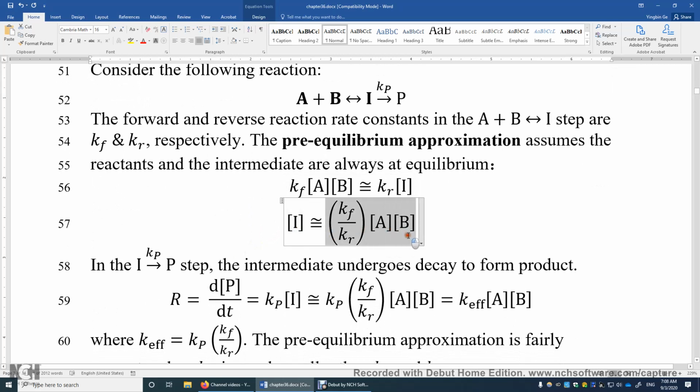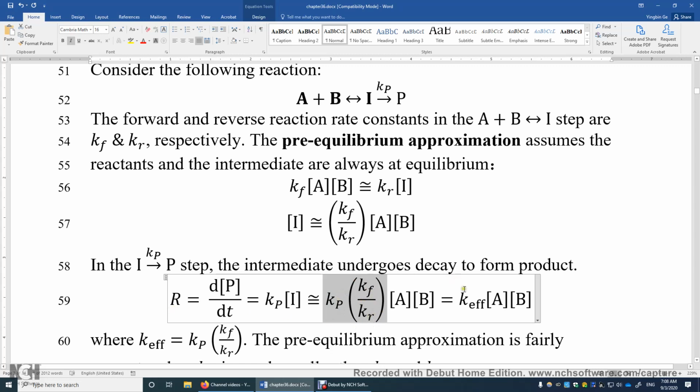And then we know how fast P is produced. The reaction rate is dP over dt. It's just Kp times I, assuming this is again an elementary reaction. And we know how to express I: I is Kf over Kr times A times B. Then we define this part to be K effective, again for simplicity.